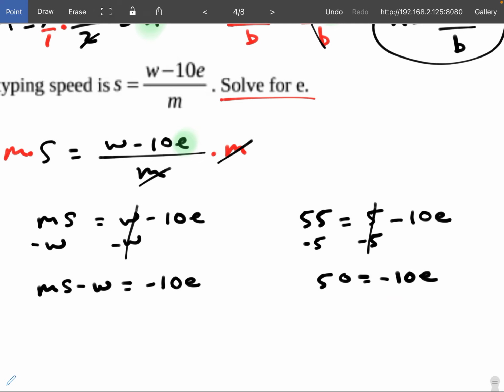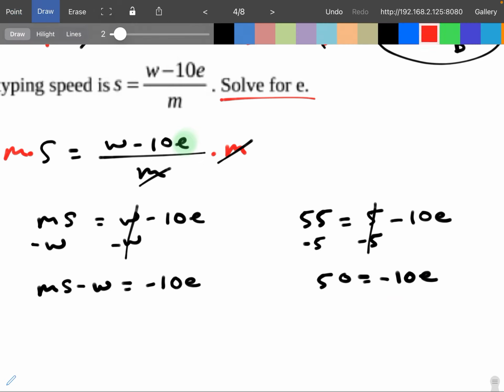Now, what would you do to finish this one over here on the right? Divide by negative 10. Yeah, we would divide both sides by negative 10. Well, that's exactly what we would do on the equation on the left. Notice I divide that entire left-hand side by negative 10.